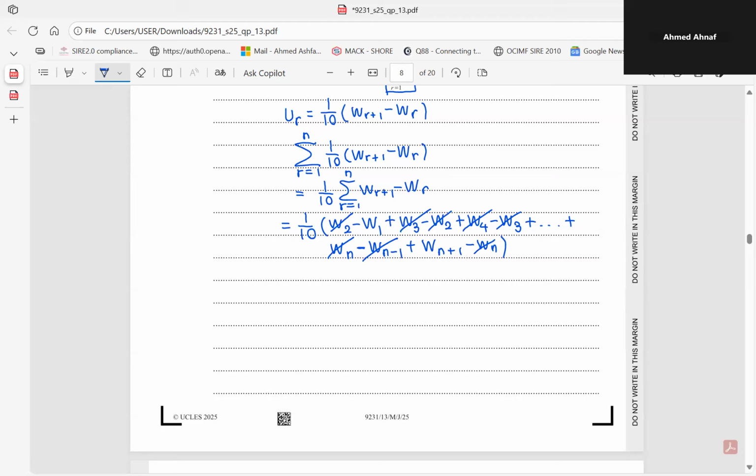Okay, now let's expand this out a bit. So 1 over 10 Wn plus 1 minus 1 over 10 W1. Let's write Wn plus 1 in terms of the notation that we have. Let's substitute R equals N plus 1. This would just start from N plus 1 times N plus 2, all the way to N plus 10.